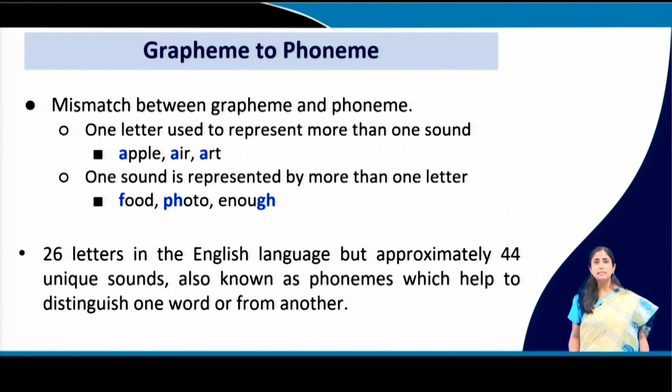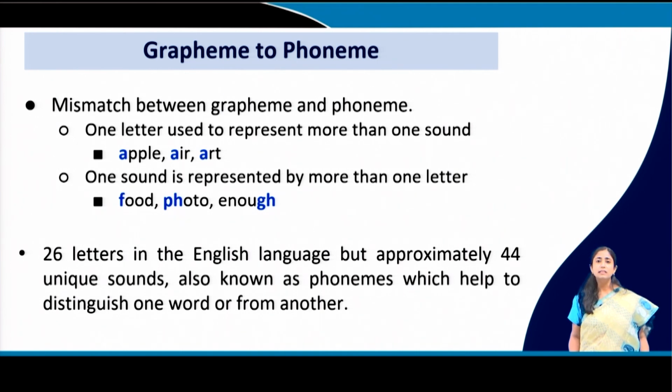What we also see is that one letter can be used to represent more than one sound, but also different letters can be used to represent one sound. For that you can see examples like food, photo, enough. In all these we get the first sound, but the first sound is represented by different alphabets.